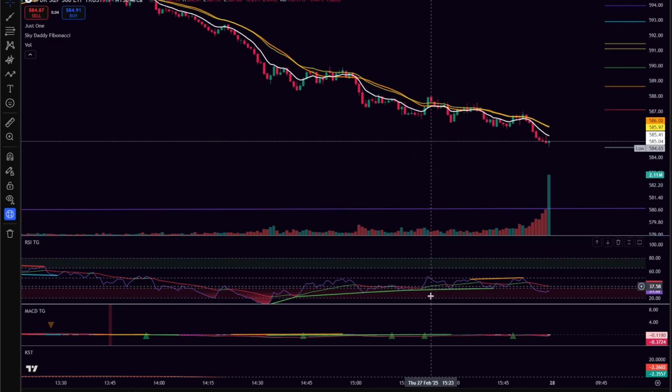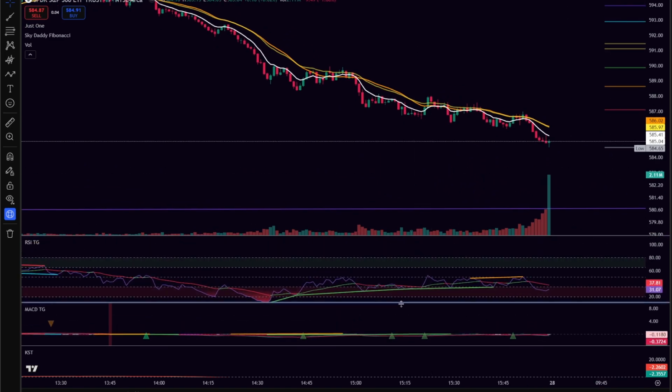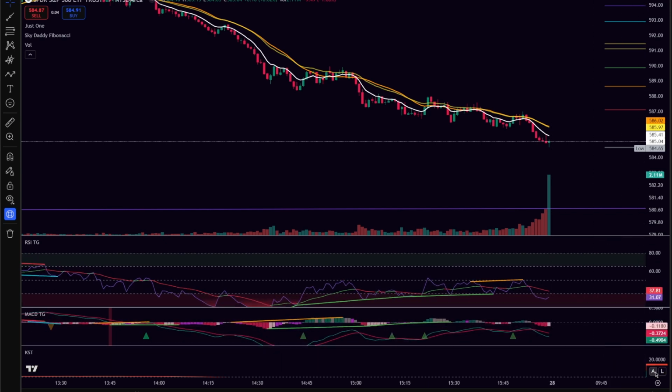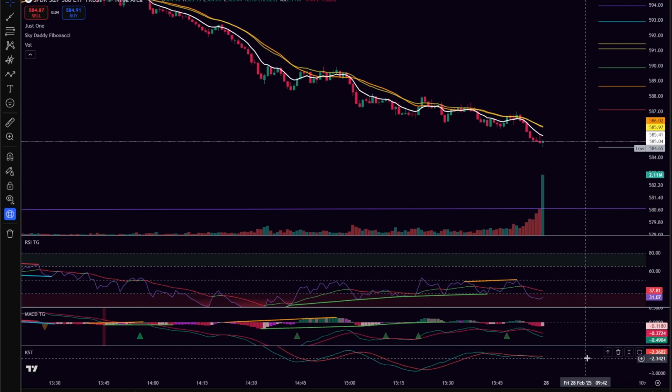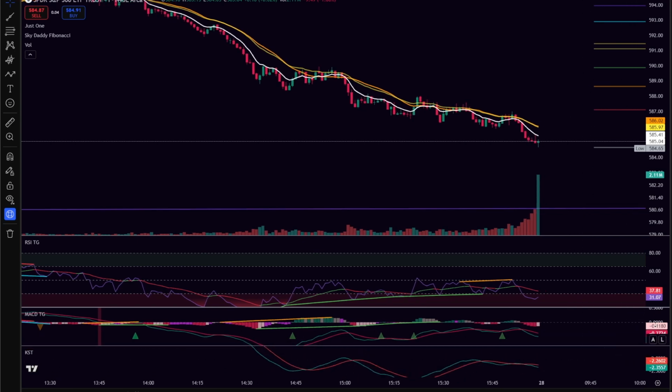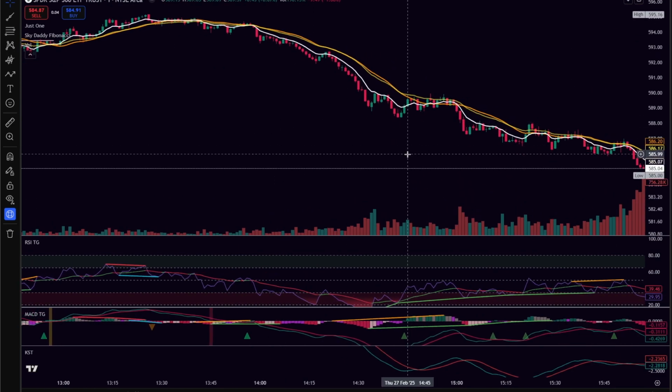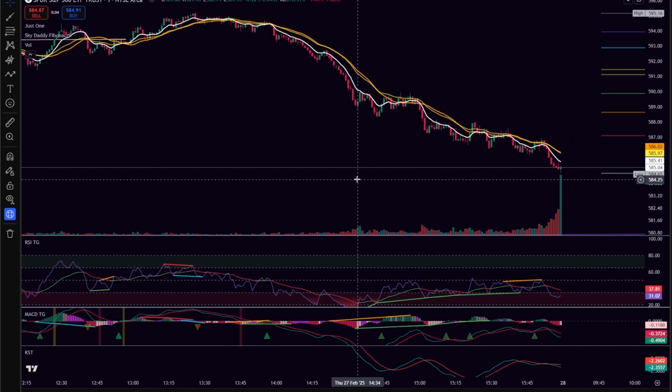So like Jackie Strat with this, with the KST here. I like using Jackie Strat and then also the confluence with the EMA strategy as a reason to get into positions.